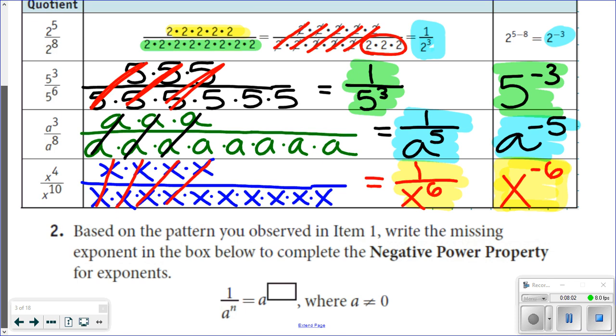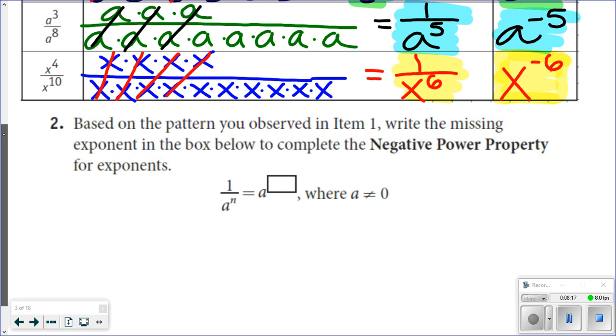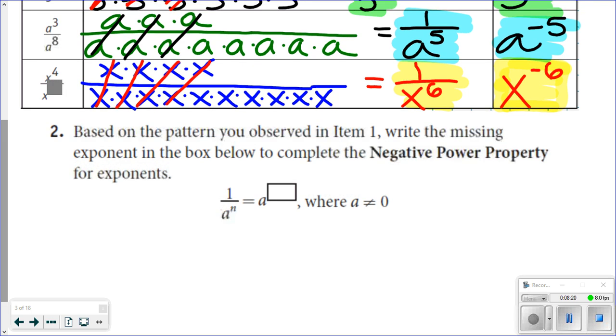So here's the deal. Here's our rule. It says, based on the pattern you observed in question 1, write the missing exponent in the box below to complete the negative power property for exponents. So imagine that this is similar to what we just did above. See how it says 1 over a to the 5th power?